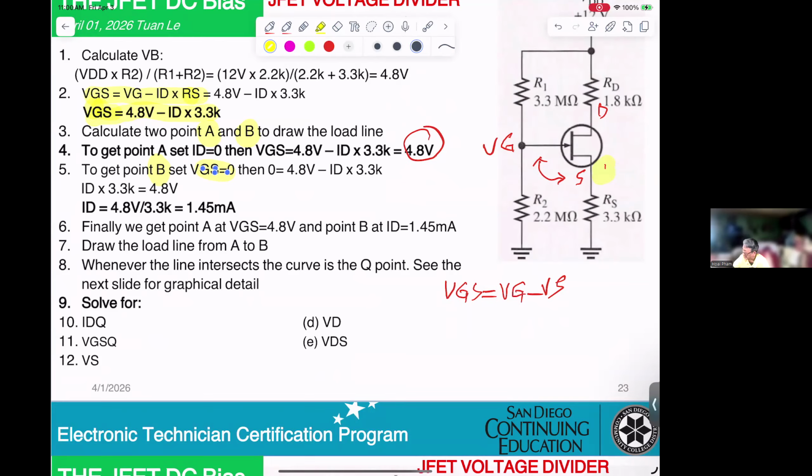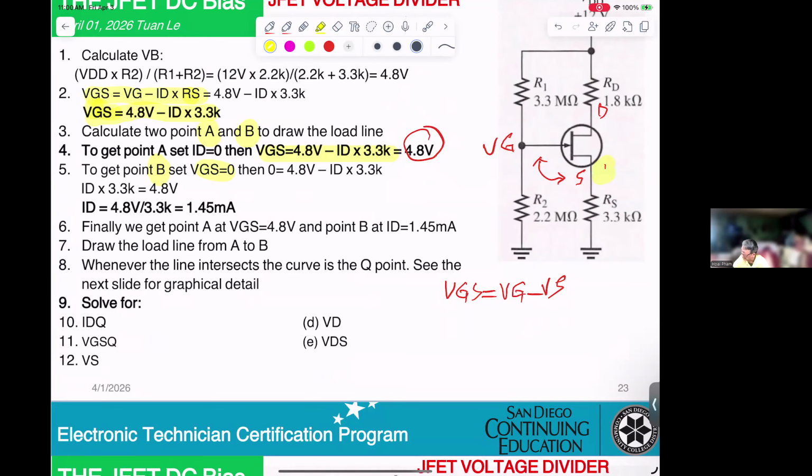Then you use this formula: VGS equals 4.8 volt minus ID times 3.3K.